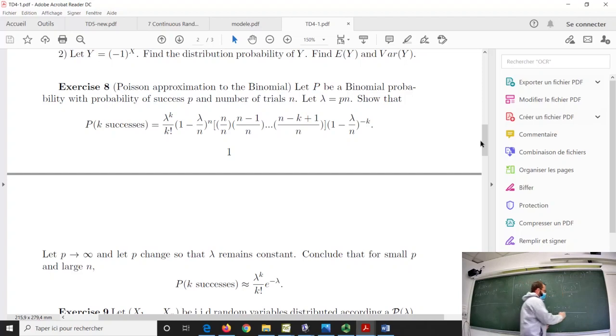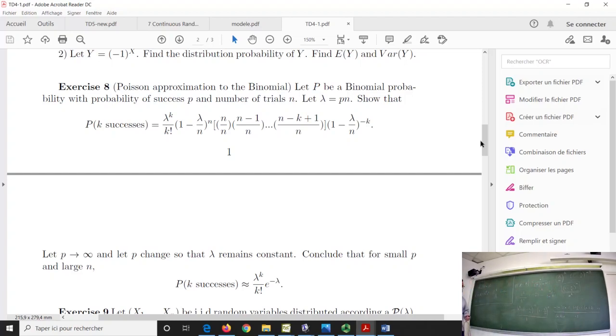And here, if I want to be a little bit more precise, I have n minus k, and I have n minus k minus 1 down to 1, and before I have n minus k plus 1 here.